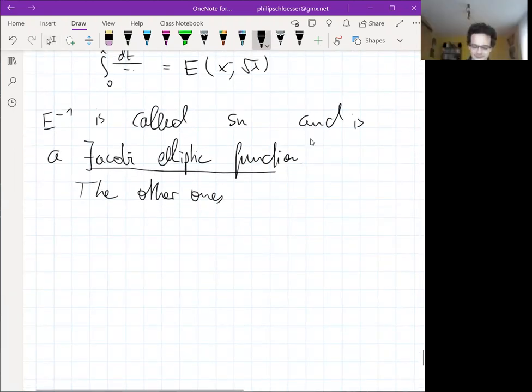And there are actually a lot of Jacobi elliptic functions, but the basic ones are called, well, Sn that we have already encountered, and then Cn and Dn.